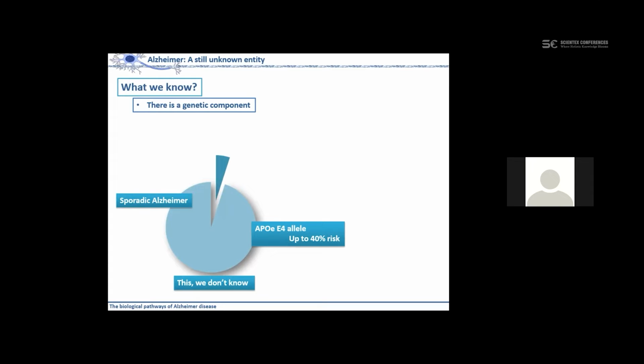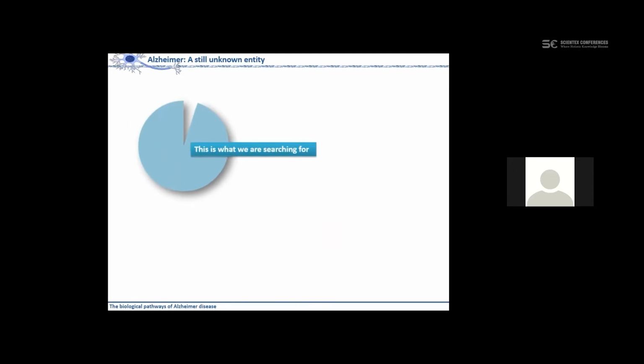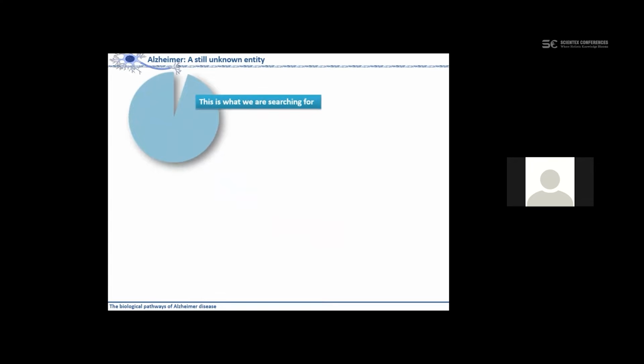But even if the risk is relatively high, the homozygous condition for the E4 allele is neither necessary nor sufficient to develop AD. More elements likely participate in order to trigger AD. So this is what we are searching for. We are searching for the missing background for AD.